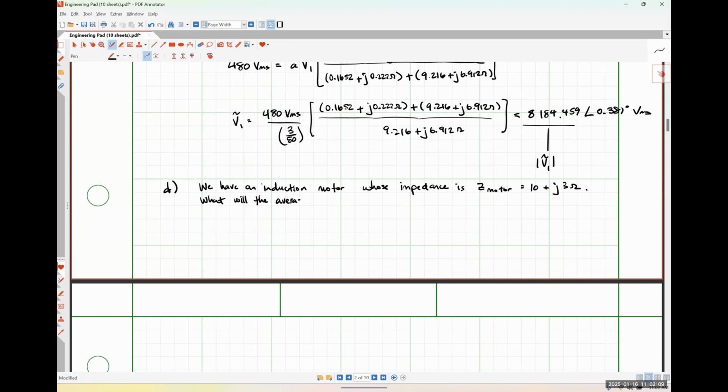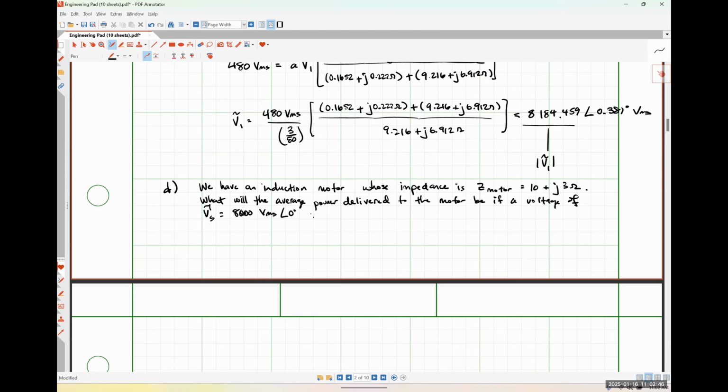What will the average power delivered to the motor be, if a voltage of, let's say, Vs is equal to 8,000 volts RMS, angle 0 degrees.